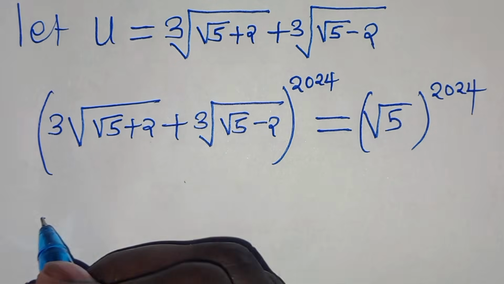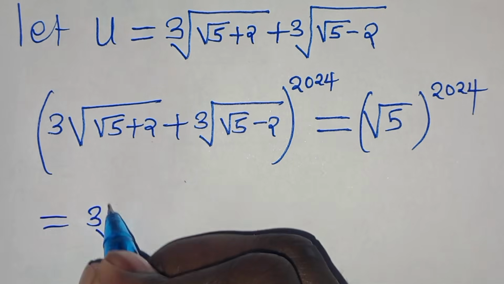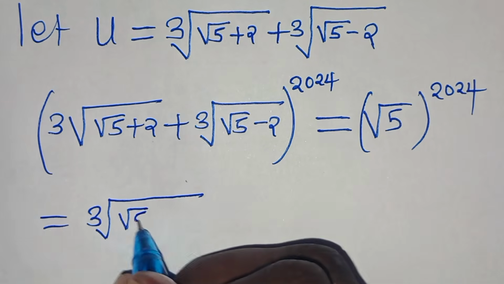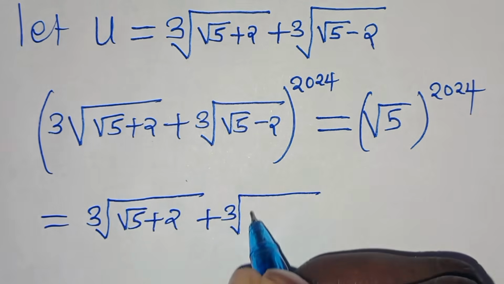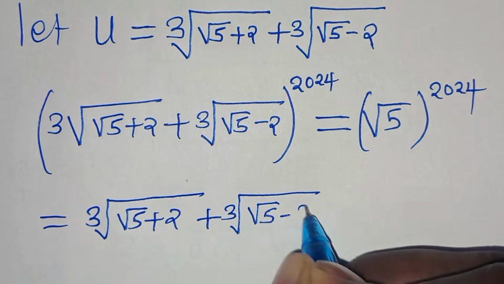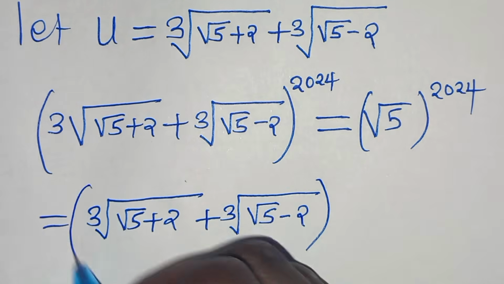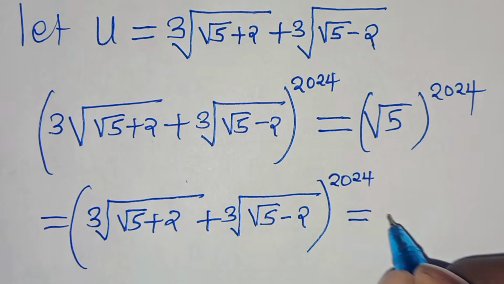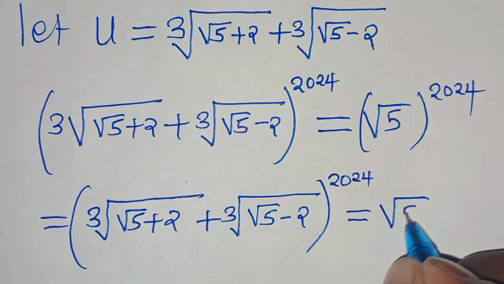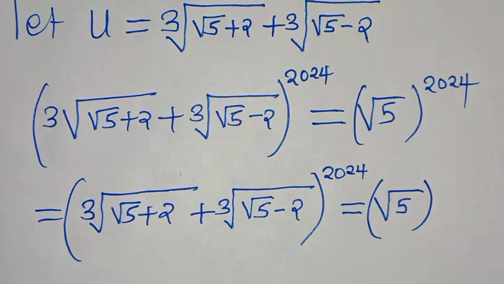And this implies that the cube root of root 5 plus 2 plus the cube root of root 5 minus 2, raised to the power of 24, can be expressed as square root of 5 raised to the power of 24.